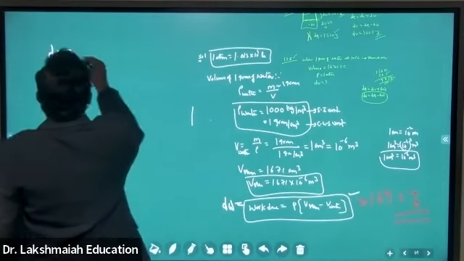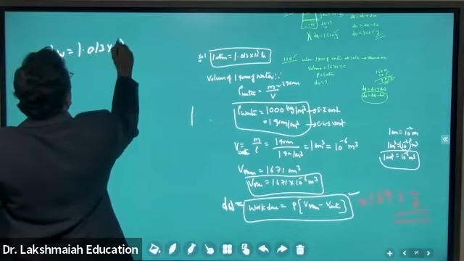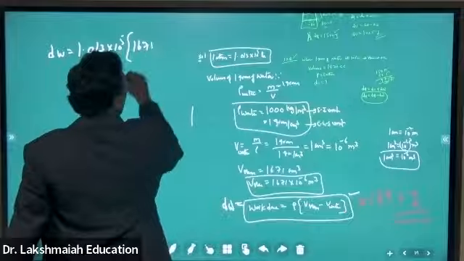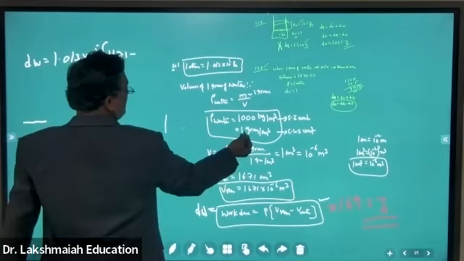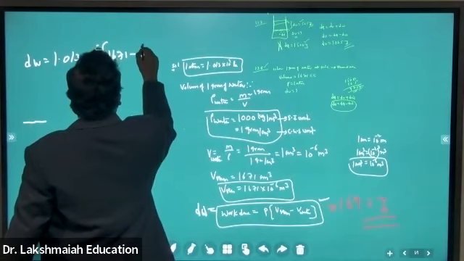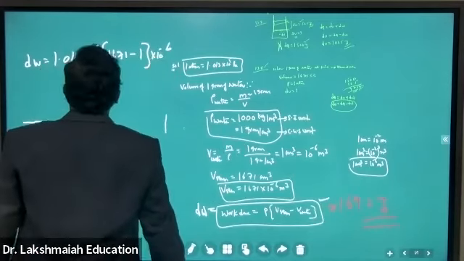This is the P value, 1.013 into 10 power 5, into the steam volume 1671 minus 1 into 10 power minus 6, taking 10 power minus 6 as common.